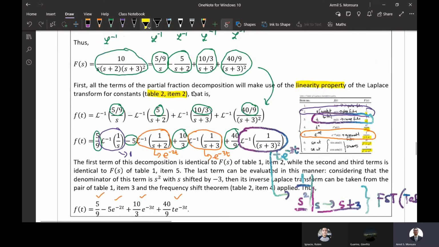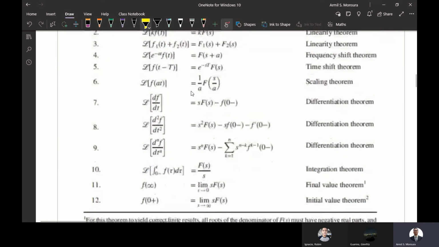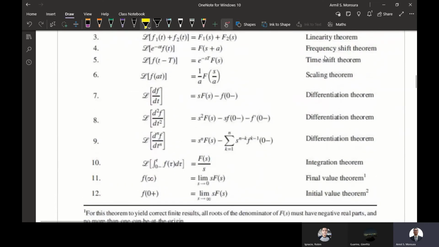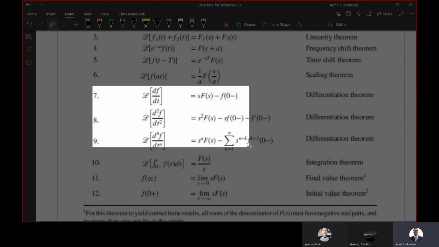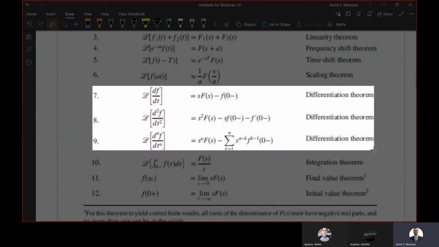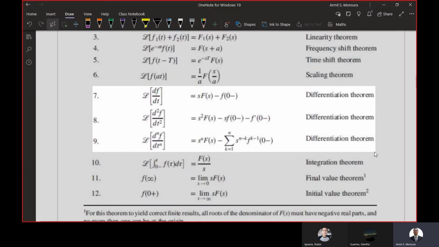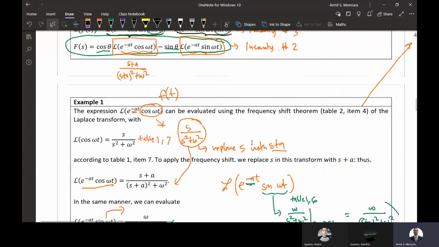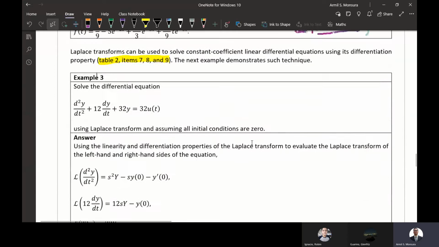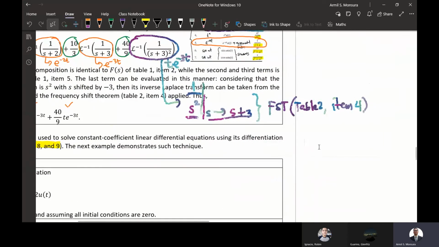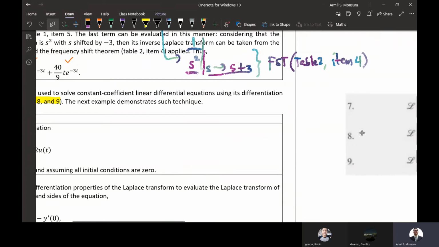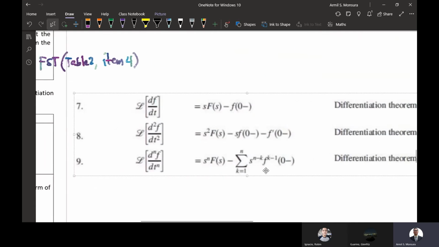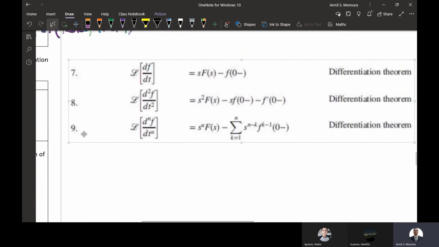Okay, so kunin ko lang siya dun. Ito siya. So kuha tayo ng clippings. Then lagyan tayo siya dito. Okay, so ito. Tingnan natin to, no?